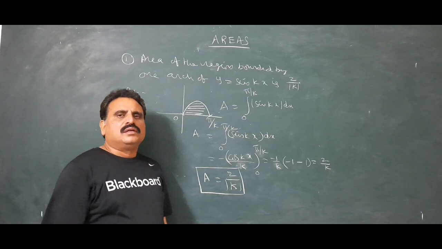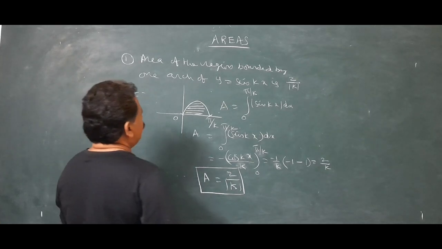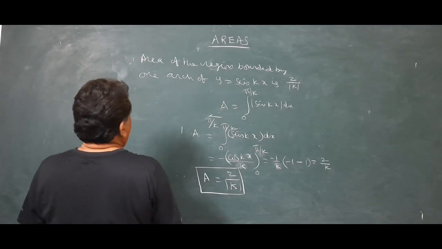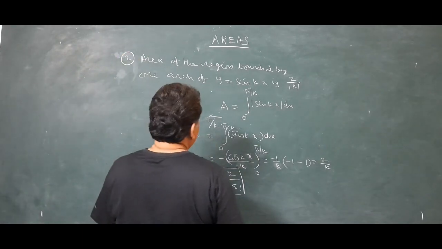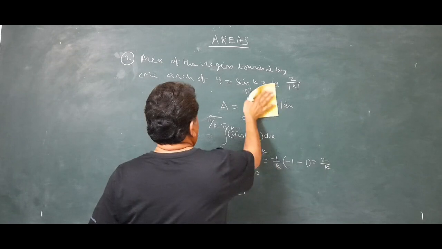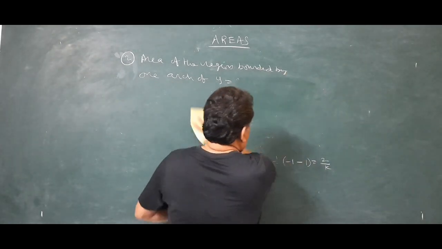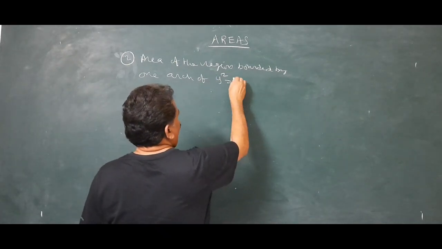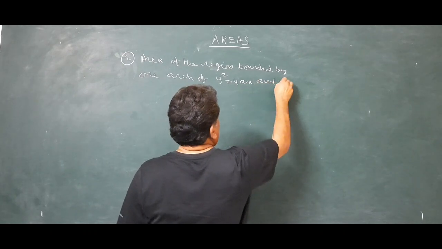Now we discuss the second point. That is, area of the region bounded by y square equal to 4ax and x equal to p.